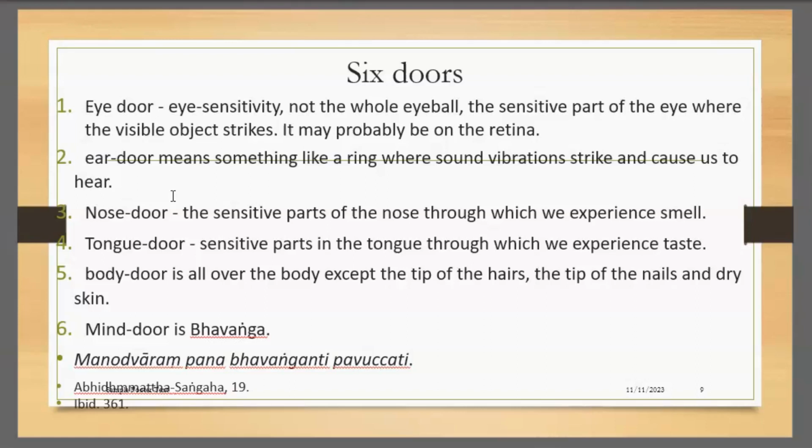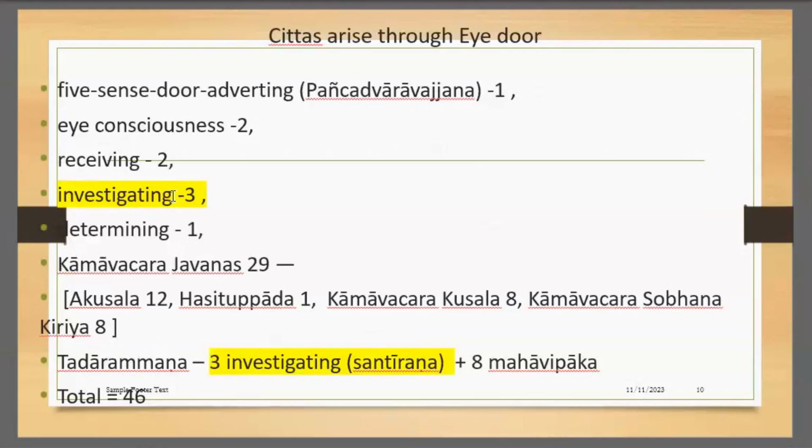Then the mind door is called Bhavanga. In Pali, it's mentioned as Manodvarampana Bhavanganti Vuccati. So there are 6 doors. Let's try to find out the Chittas that arise through these doors. Again, we have to remember the cognitive process when we are learning this.